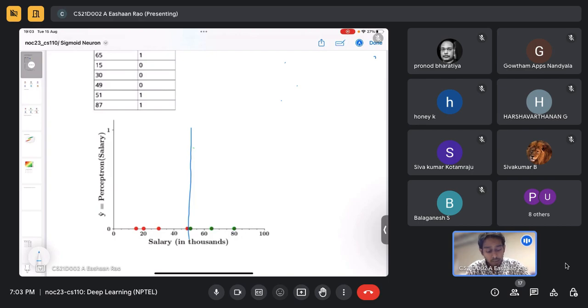So you will find maybe, let's say, 50. Any person who has a 50K salary can buy a car. Anything below 50K cannot buy.